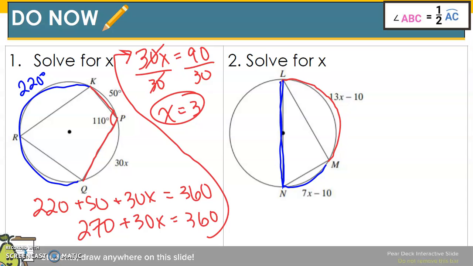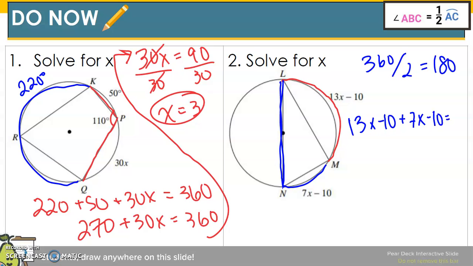And we know that the circle adds up to 360 degrees, so half of 360 is 180. So when we create this equation, this arc and this arc combined need to add up to 180 degrees. So our equation is going to say 13x minus 10 plus 7x minus 10 equals 180.